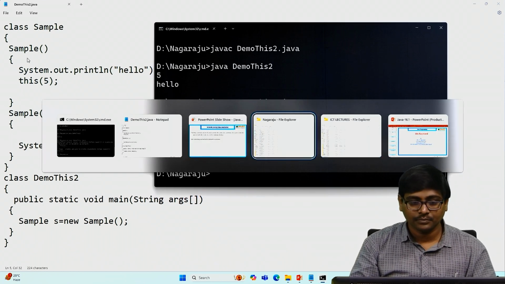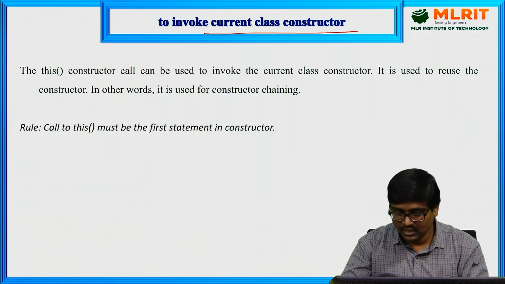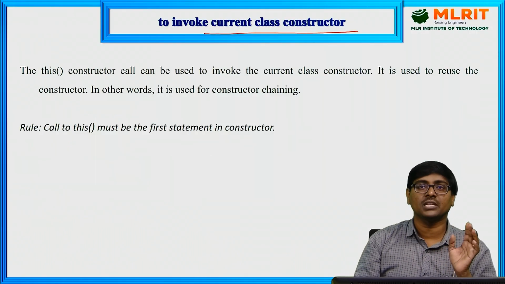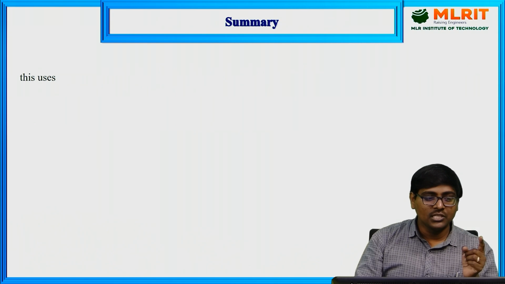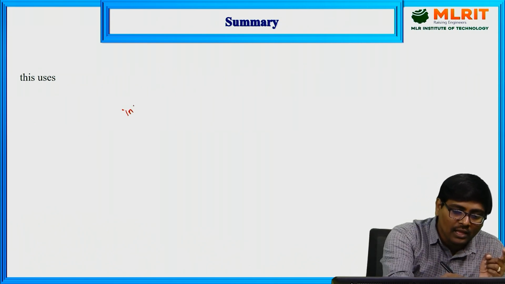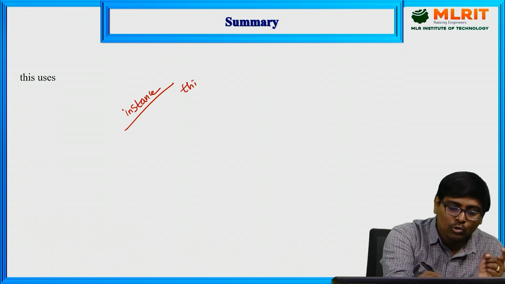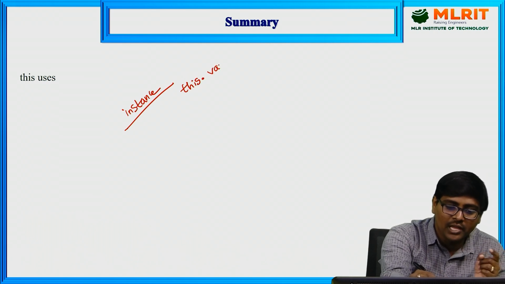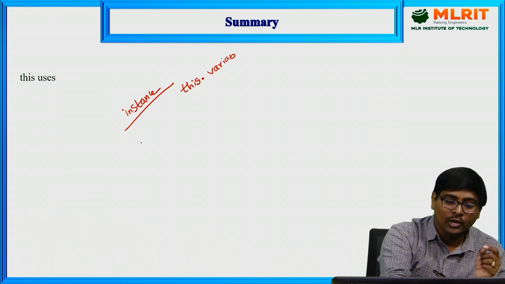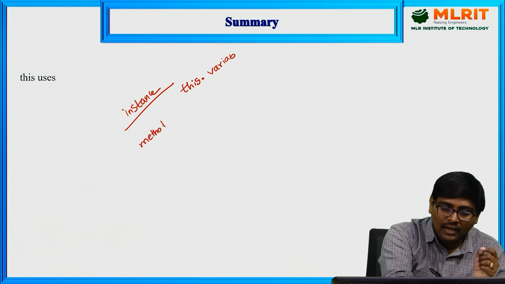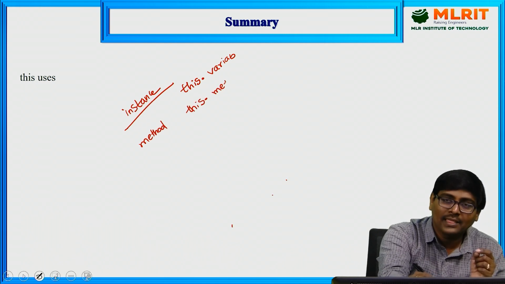Clear? Now these are the three main uses of this keyword. Finally, this is used to refer to the current class instance variable by using this dot variable name. To call the current class method by using this dot method name.